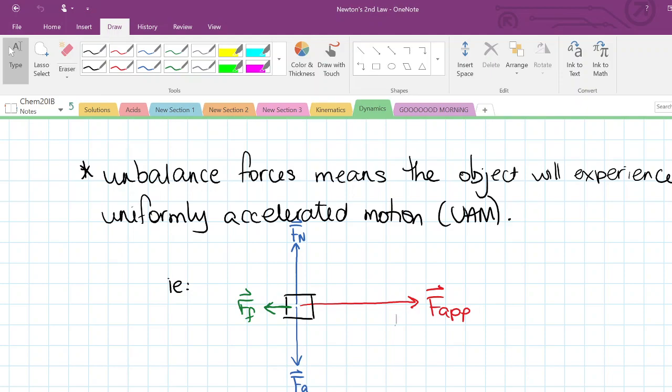So in this case, I know that my net force is not going to equal 0. There's actually going to be a net force in the direction of the imbalance, the larger force, I guess.